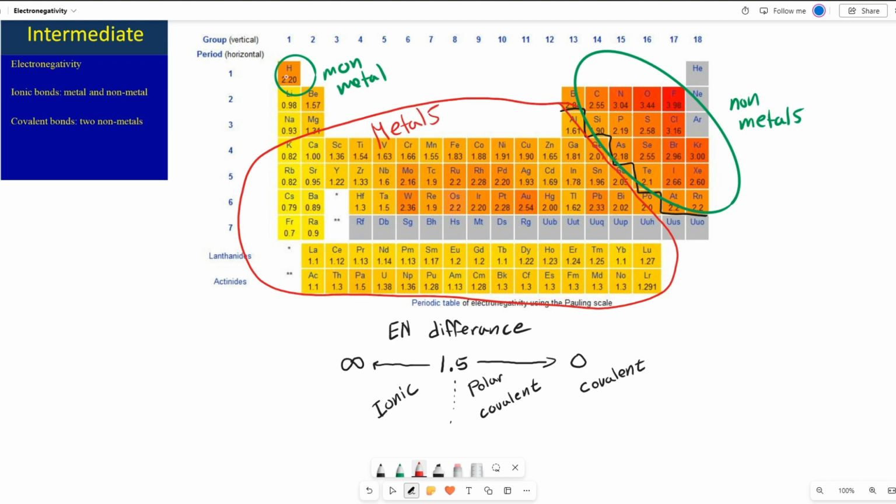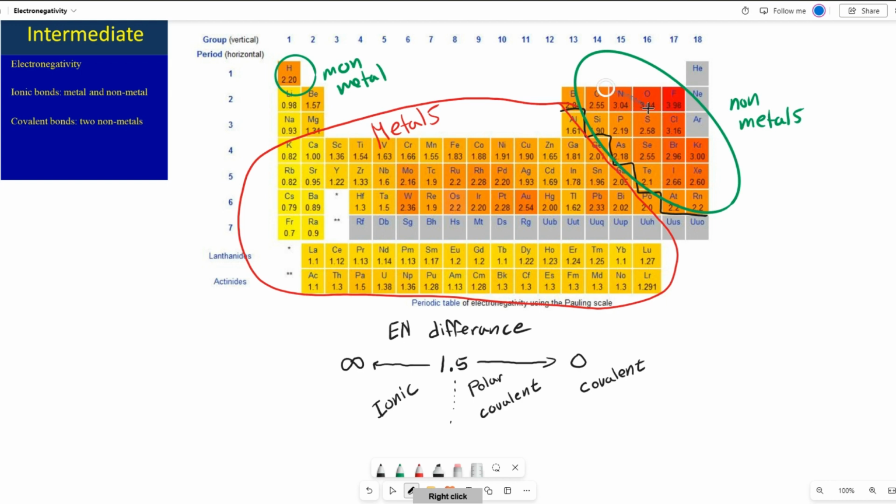And the shortcut that you can use is, if you have a nonmetal and it bonds with a metal, it is going to undergo an ionic bond. And the reason why is, if you look at the metals, they have fairly low electronegativities, and the nonmetals have very high electronegativities. So the difference between the metal and nonmetal electronegativity is going to be 1.5 or greater.